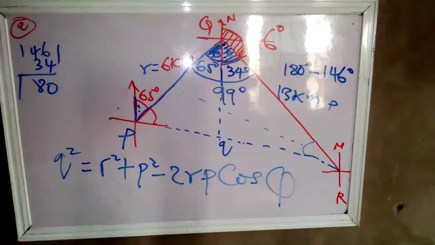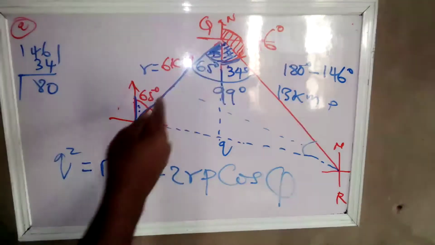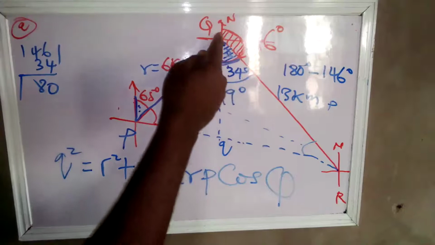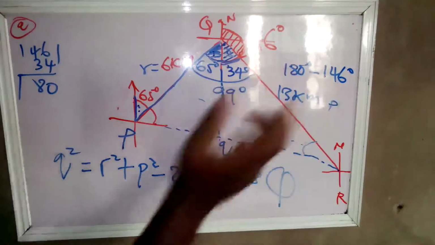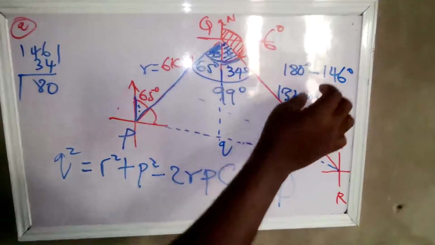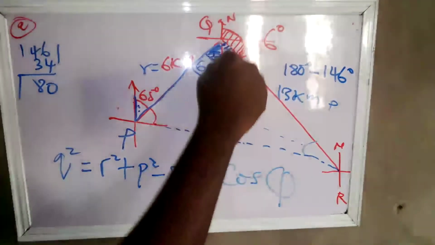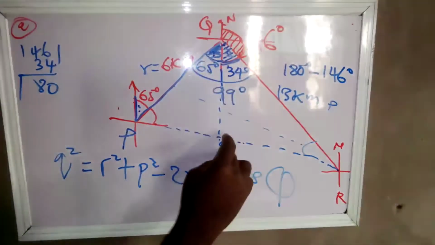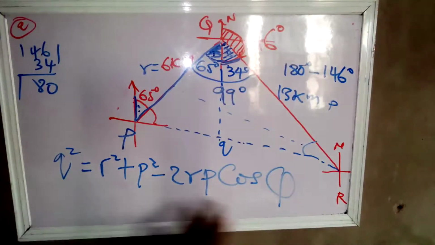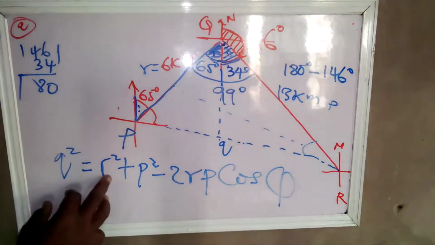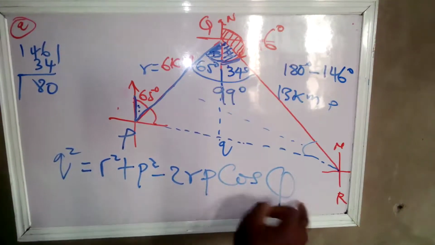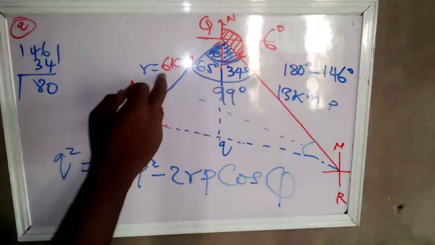In the cosine rule, you can see we are given two sides. We are given PQ to be 6 kilometers and QR to be 13 kilometers. So we have two known sides and a known angle, 99 degrees, so we can easily use the cosine rule. q squared is equal to r squared plus p squared minus 2rp cos Q. Anywhere you see r, you put 6.